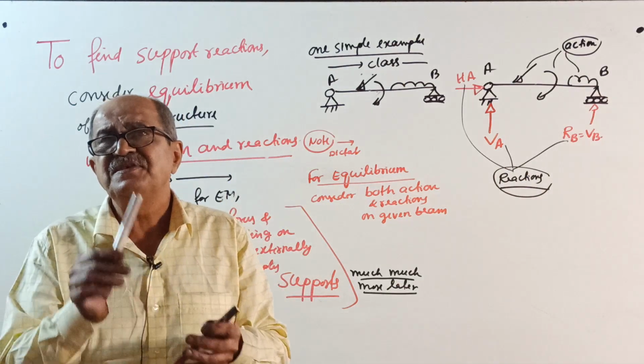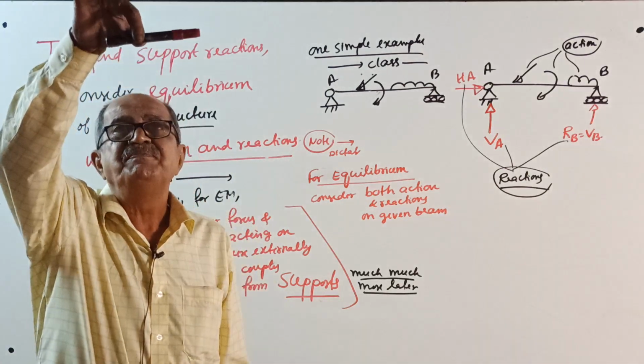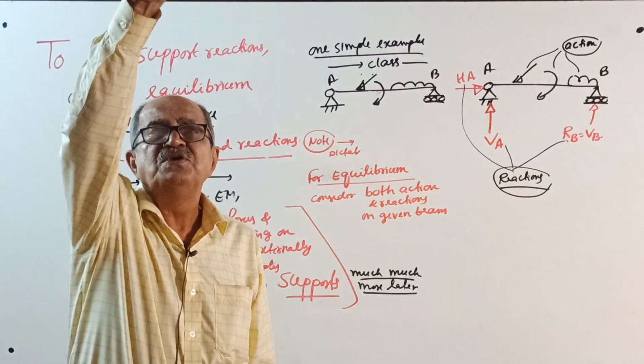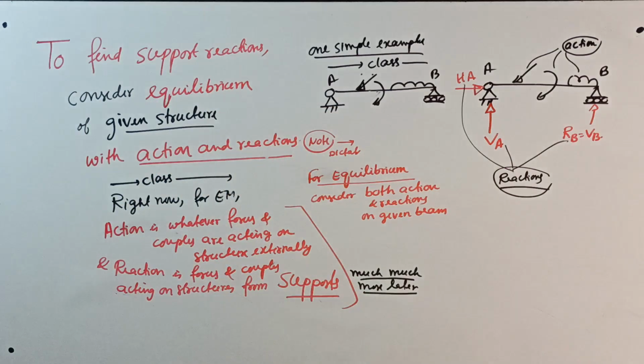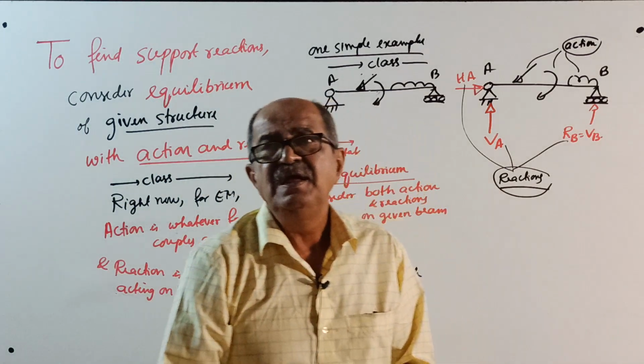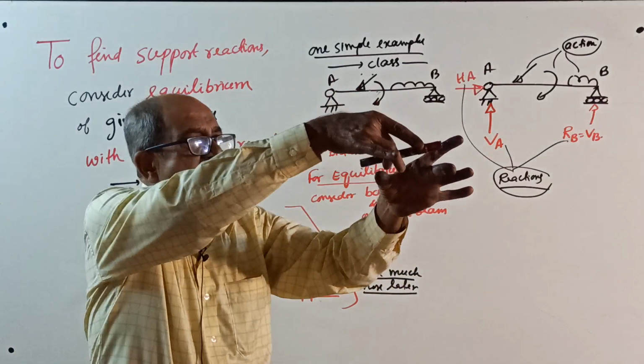See, I will tell a simple example. You should write. He used a pen, applied a load. We saw the pen falling down. No equilibrium. Now, he spread his two fingers and placed the pen over that one.